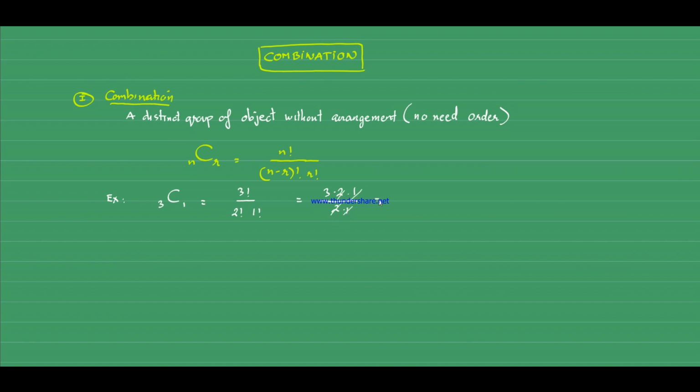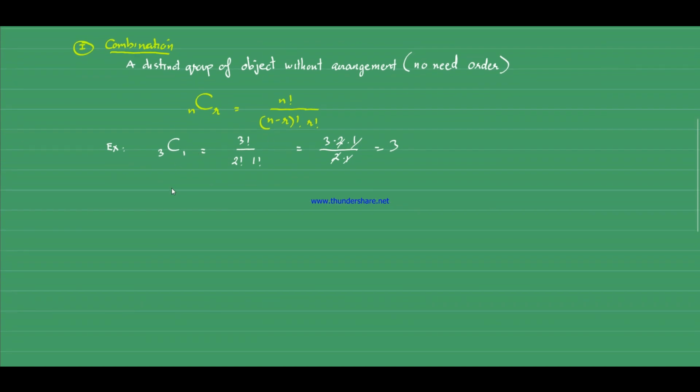So it's only 3. Now if you compare combination with permutation, in this case it looks like it's the same because this is 1. Maybe we need to change a little bit here. What do we have? 2 factorial over here, so you're going to have 2 times 1 over here.